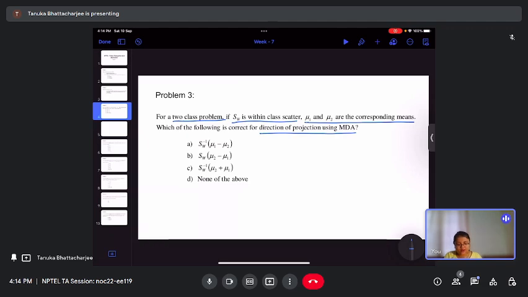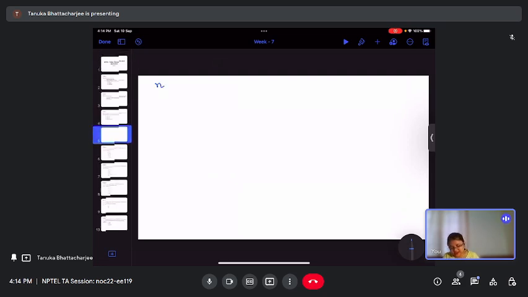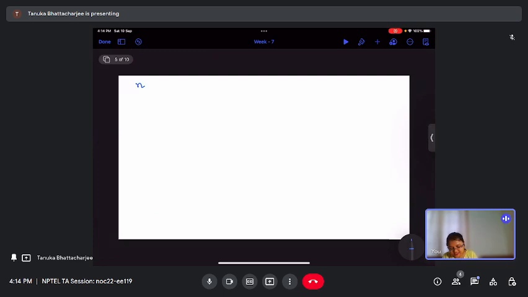So, we need to determine the projection direction using MDA. For that, let us say we have a data set with n samples, and each sample is a d-dimensional sample. N d-dimensional samples are there.